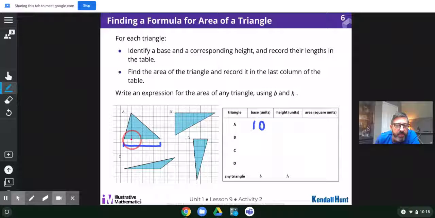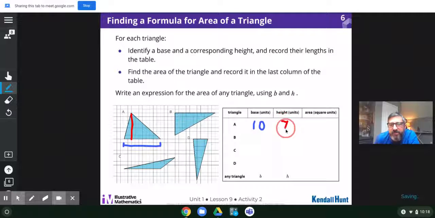We draw a perpendicular line. Where do we draw it to? Top point, that's right. So let's count these. So how long is our height here? 7. 7.